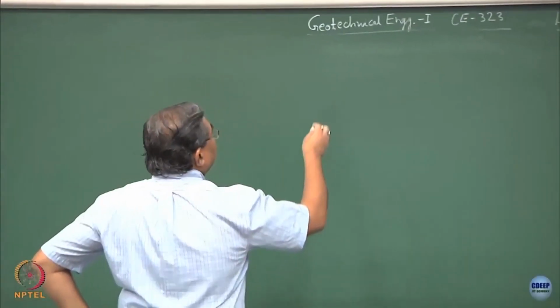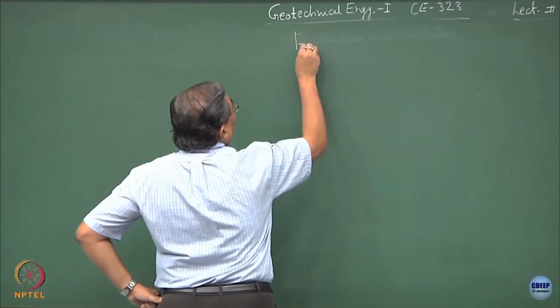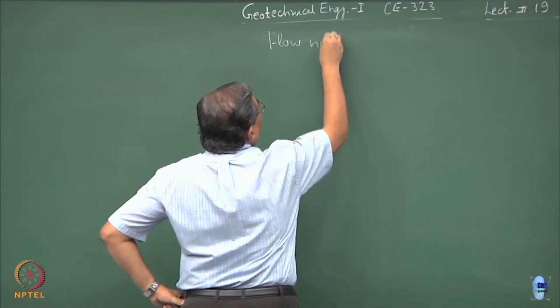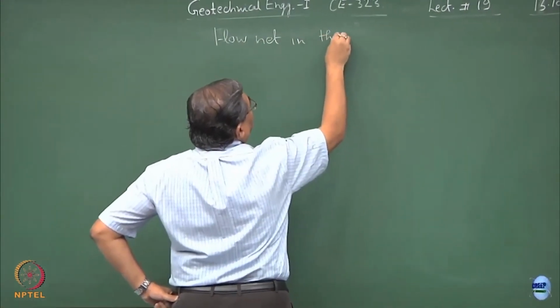So, there is something known as the flow net in the earthen dam.